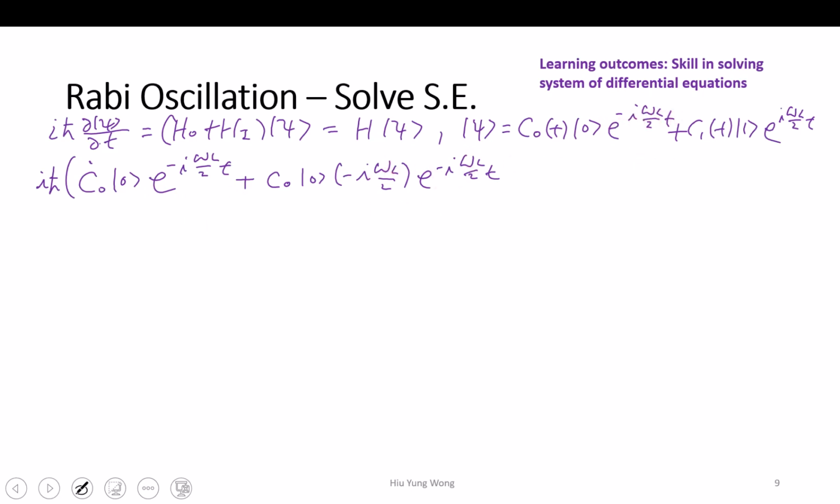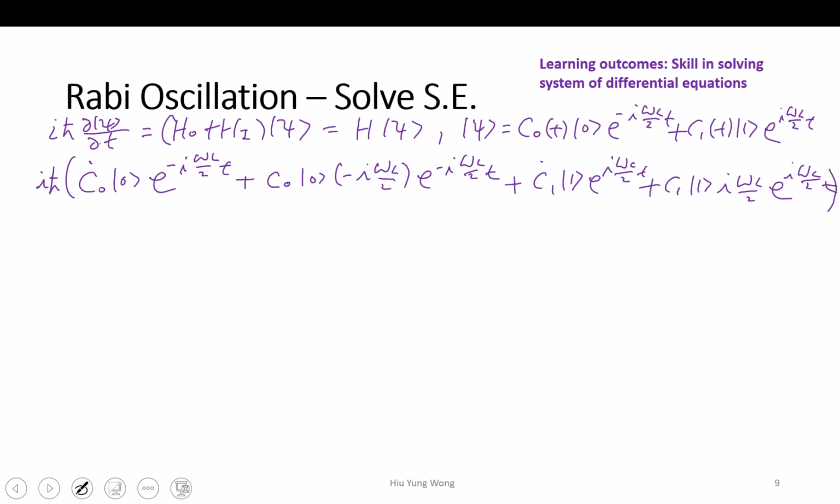And similarly, I do the same thing for the C1 dot, and then 1, then I keep the rest. And then I differentiate the next term, i omega L divided by 2, no t here, and then e to the power i omega L divided by 2.